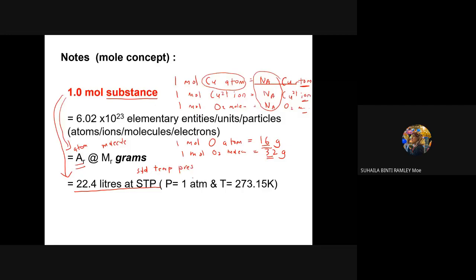What is the pressure? 1 atm. The temperature is 273.15 K. How many degrees Celsius is this? 0 degree Celsius. So 1 mole of any substance at STP equals 22.4 liter.